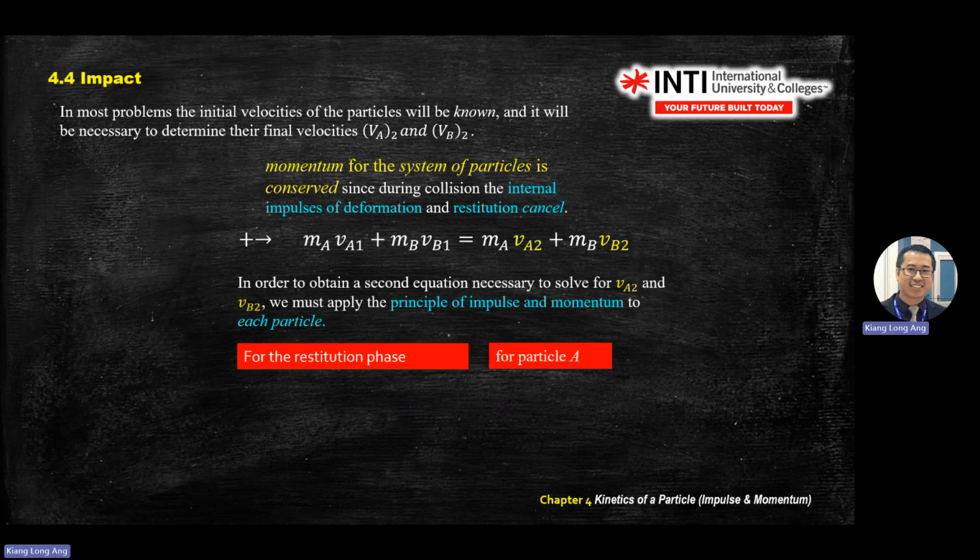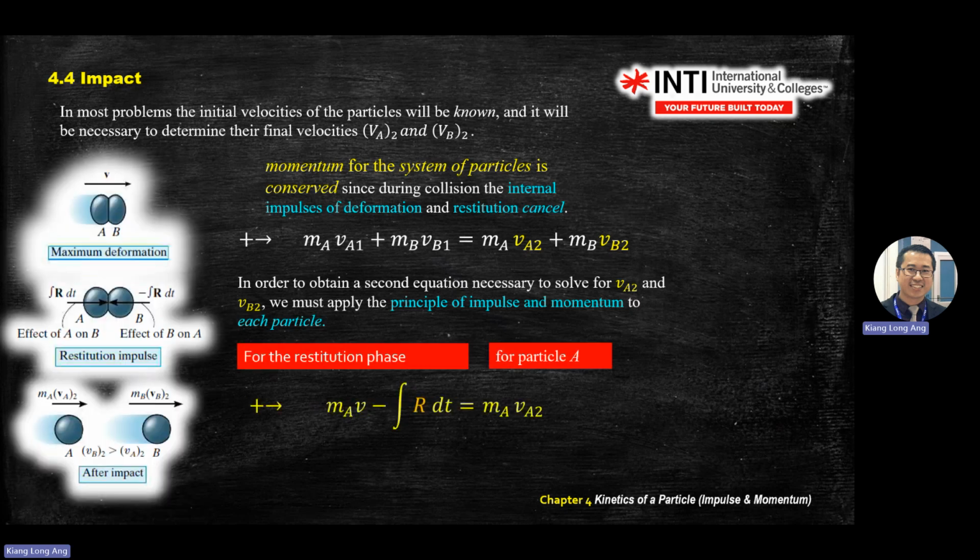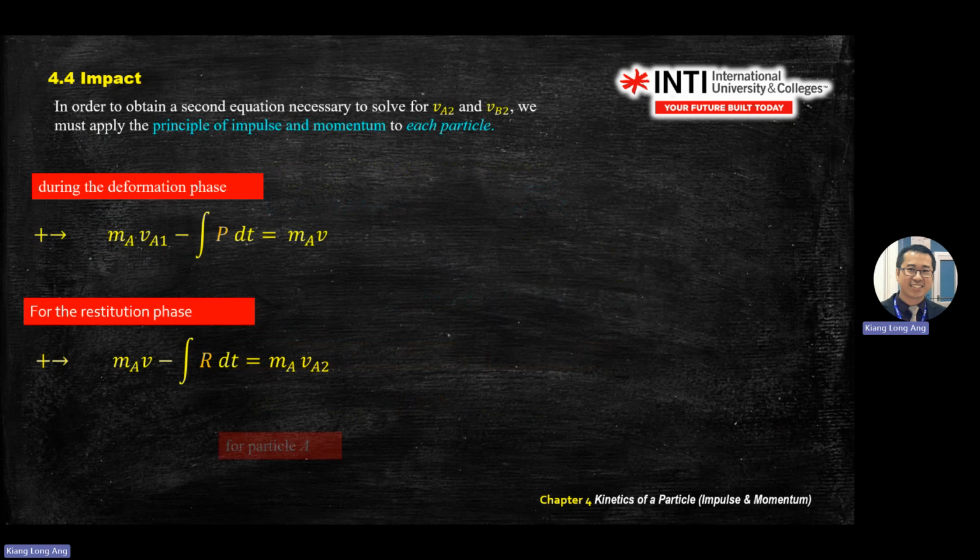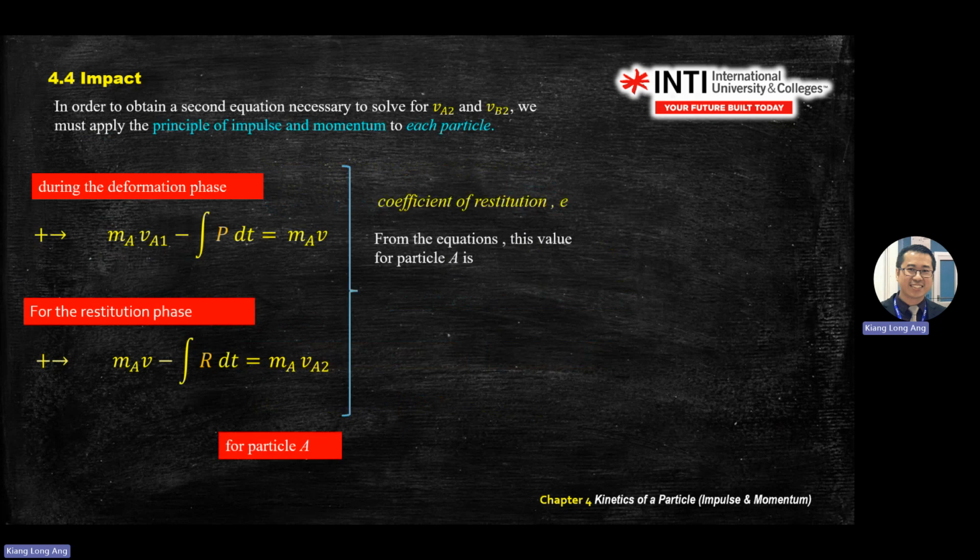Now again, what is important is that you understand when you need to use the principle of linear impulse and momentum, and when you need to use the conservation of momentum. So I put the two equations together. During the deformation phase, you get one impulse equation.